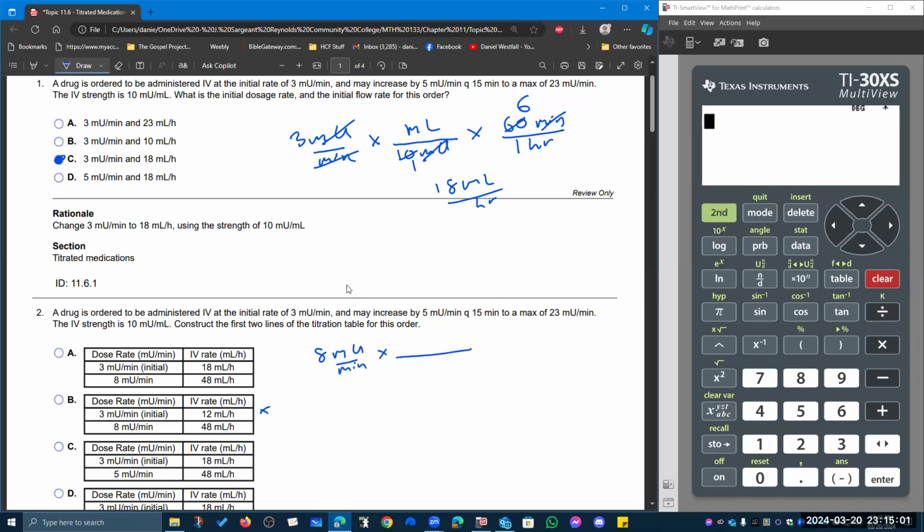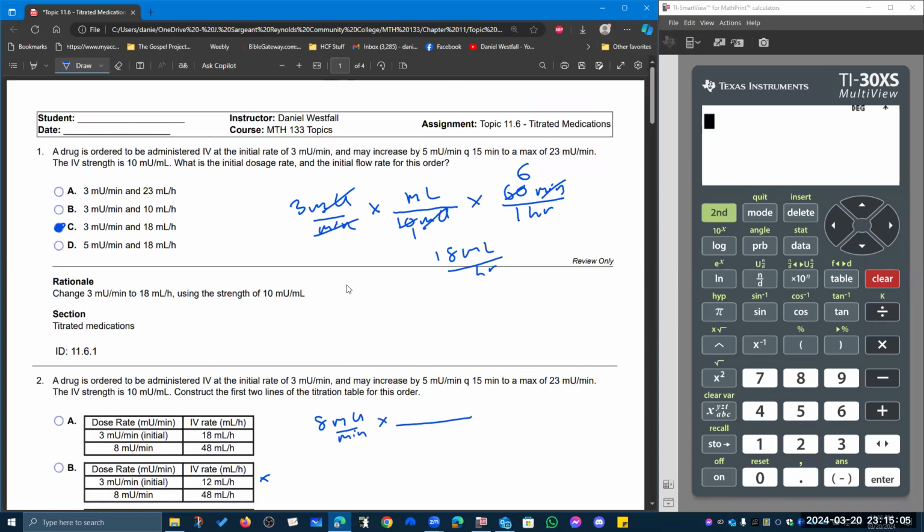And we're going to multiply that by 10 milliunits per milliliter. Milliunits will cancel.